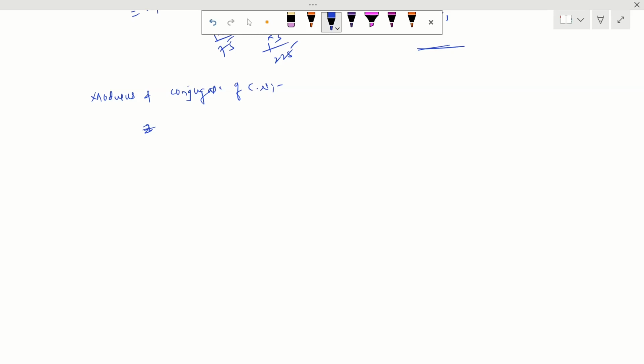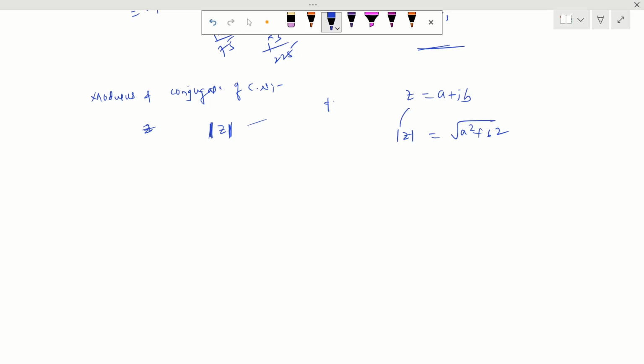When we write Z between two vertical lines, this is called the modulus. Z is a plus ib. When we write the modulus of Z, the value is the square root of a square plus b square. That is the meaning of this.